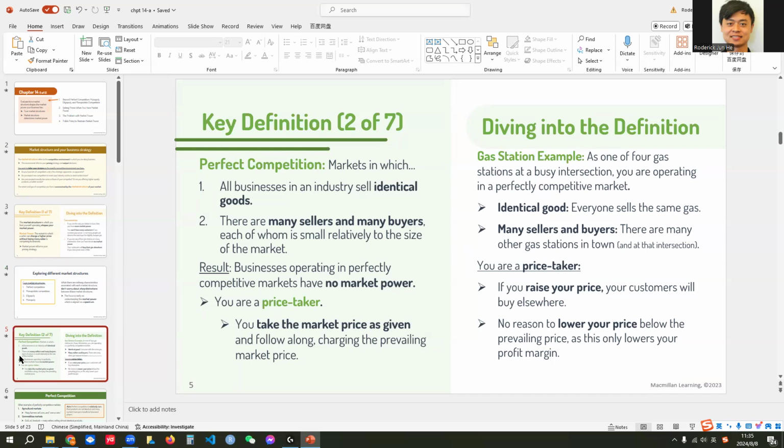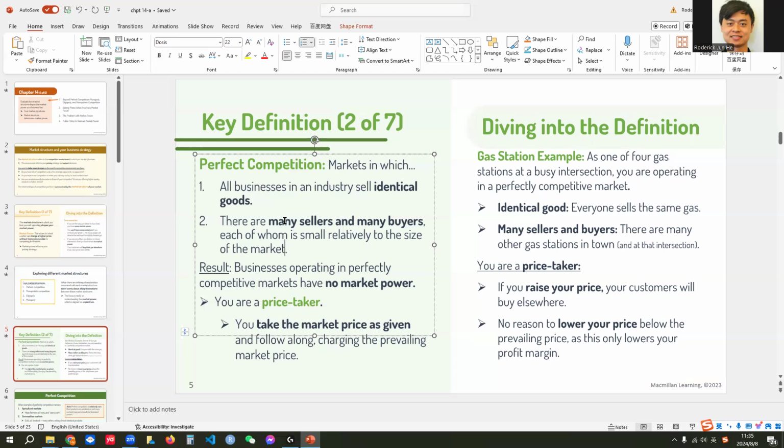First one, perfect competition. That's the scenario where each firm has zero market power. Why is that? Because it is totally opposite to the creation and maintaining of the reputation of a brand, or differentiation of product. Here, all businesses in the industry sell identical products.